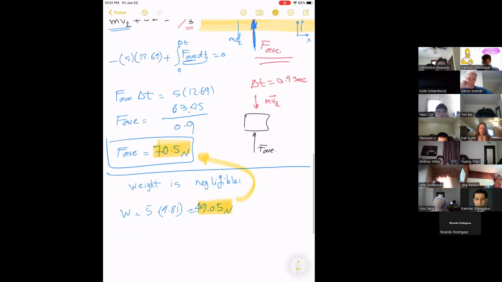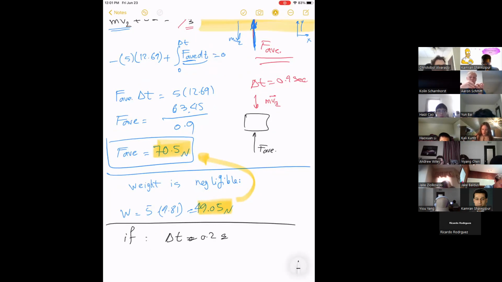Now let's do this. If this happens in 0.2 seconds, right? I'm going to calculate how much my average force is, I can still use this equation. Instead of 0.9, I'm going to put 0.2.